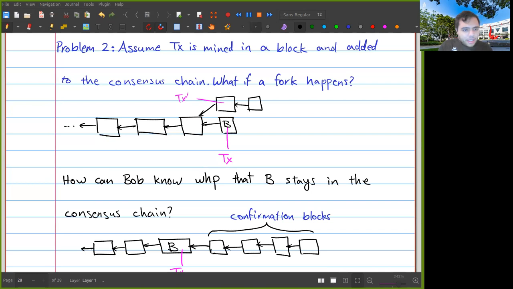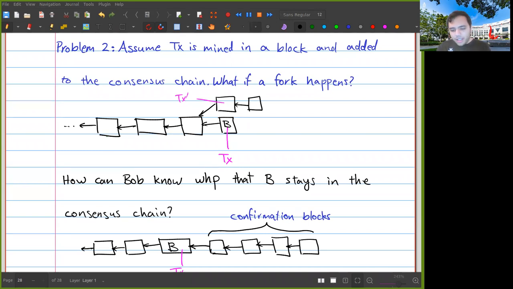Okay. And of course, there is also the answer here that if that happens, well, Bob has to wait for just one block, right? So he waits for one block, and if he sees that Alice is doing this kind of attack, he just says, I don't give you the chips. But the downside here is that, again, he has to wait for roughly 10 minutes. And that's still not good enough.